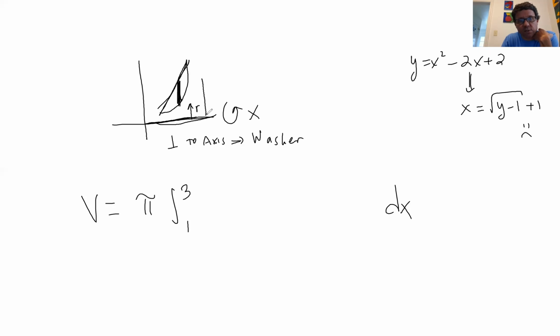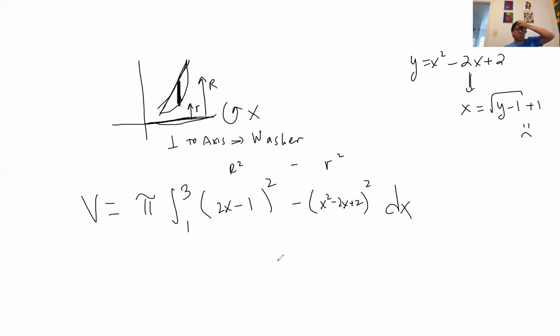The big radius is how far I get until I hit the line. So the big radius squared minus the little radius squared is going to be out to the line, which is 2x minus 1, and then out to the parabola, x squared minus 2x plus 2. So that's the setup if you did that.